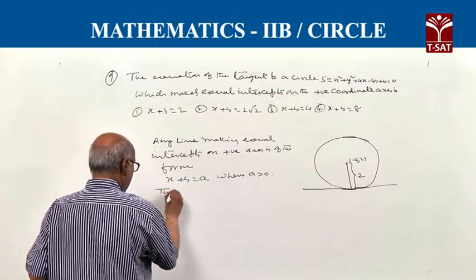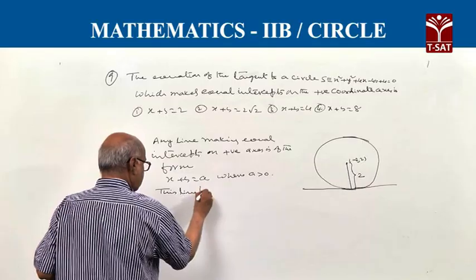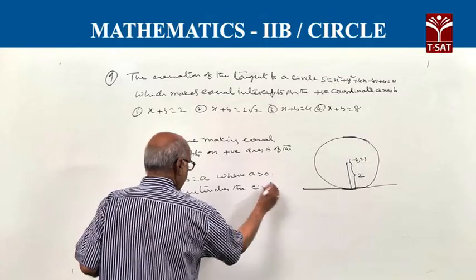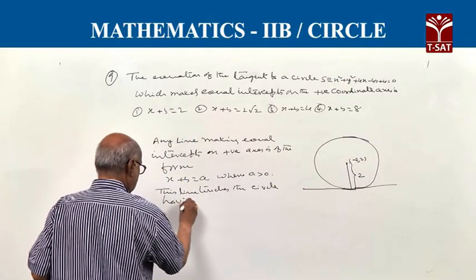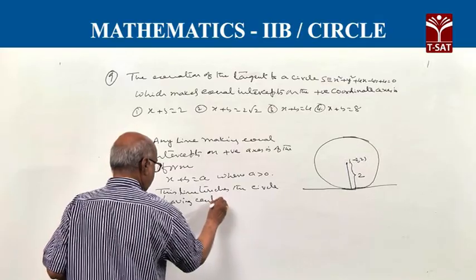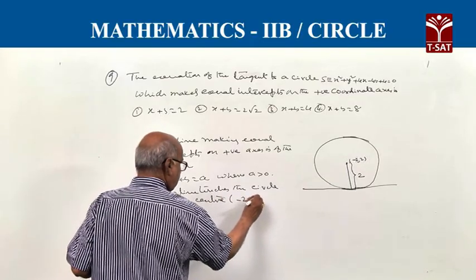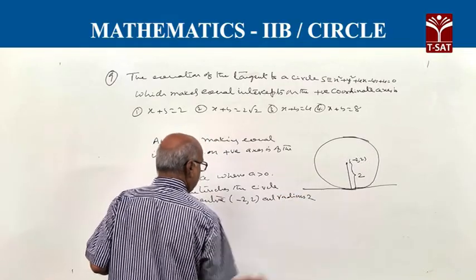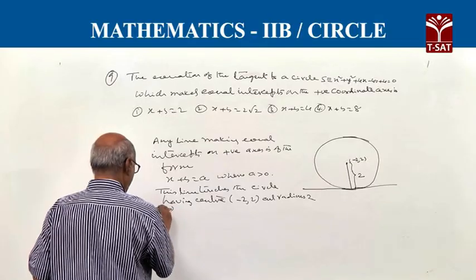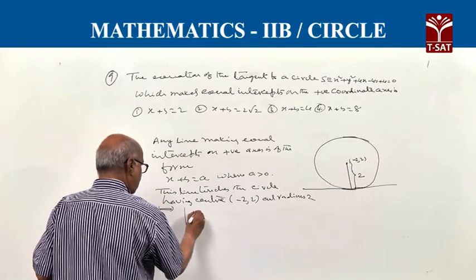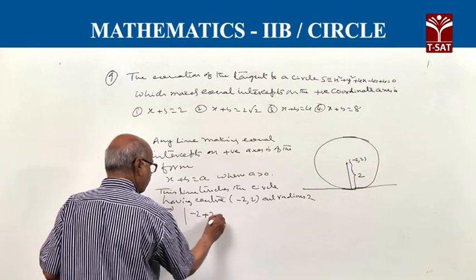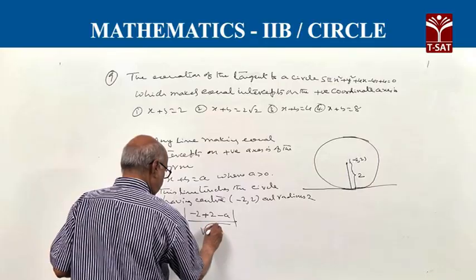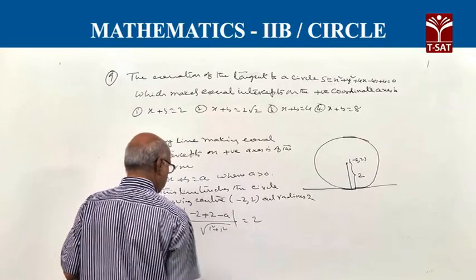Now, this line touches the circle having center (minus 2, 2) and radius 2 if and only if modulus of (minus 2 plus 2 minus a) by square root of 1 square plus 1 square is equal to 2.